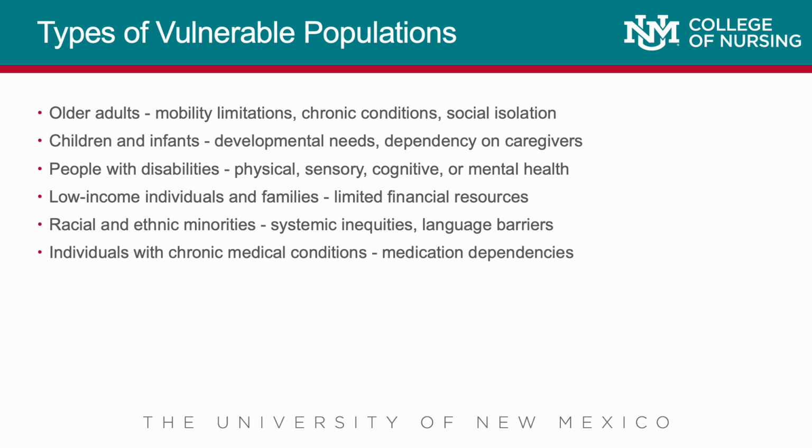Low-income individuals lack the financial resources to stockpile supplies or evacuate. Racial and ethnic minority groups face systemic inequalities. Individuals with chronic medical conditions face life-threatening risk when care is disrupted. And people who are experiencing homelessness, who are unhoused, and non-English speakers also face extreme challenges.